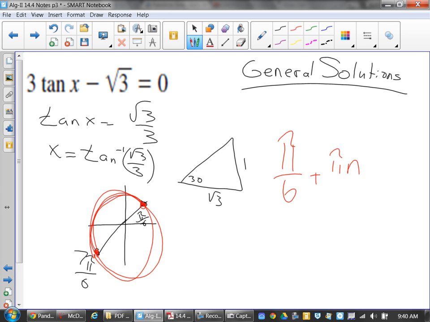It's very similar to that. You're still finding all the values, but you're trying to decide, can I make this a more generalized statement as opposed to just pi over 6, 7 pi over 6? I'm saying that every time I start at pi over 6 and I add pi, I'm still going to have an angle that has a tangent value of root 3 over 3. That's what that says. Could you also write a minus pi?